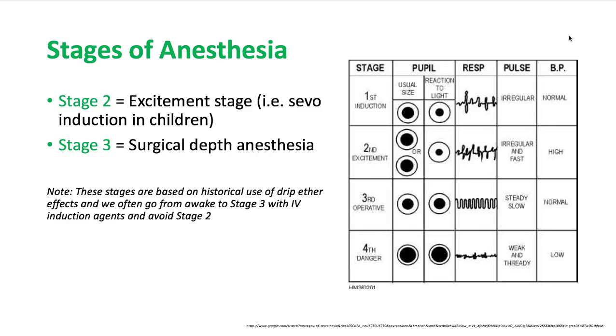The graphic on the far right shows stage 2 being the excitement stage, where the pupils are dilated, there is irregular and fast pulse, the blood pressure is up, an excited patient, and then as they go deeper they slip into stage 3 or surgical depth anesthesia, where there's regular respiration, steady and slow pulse, and normal blood pressure. If we go into stage 4, the brainstem is anesthetized, and we can get very hypotensive, and respiratory inhibition can occur, and the patient could die with an overdose.